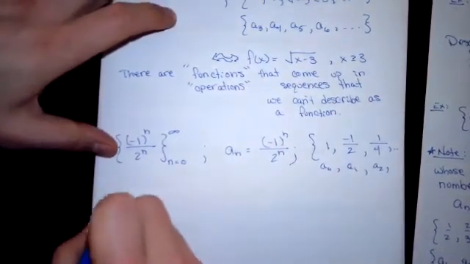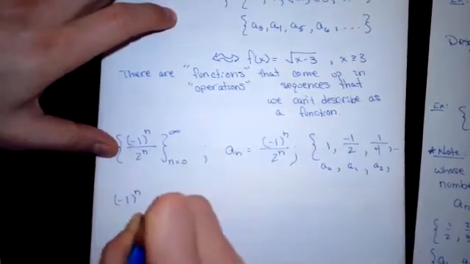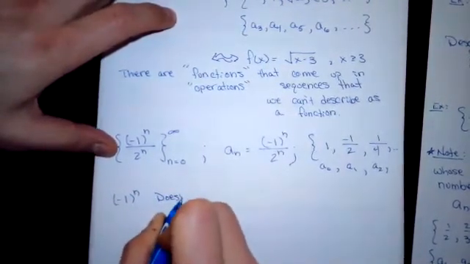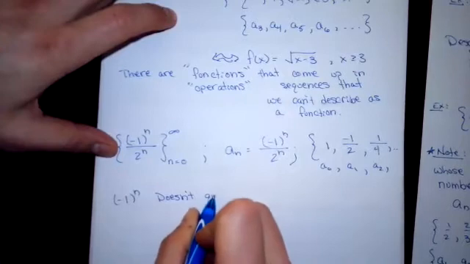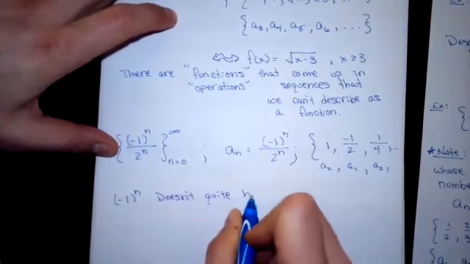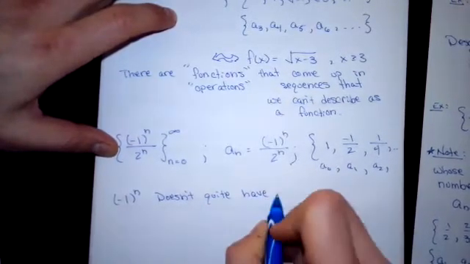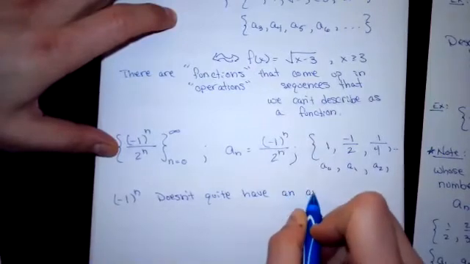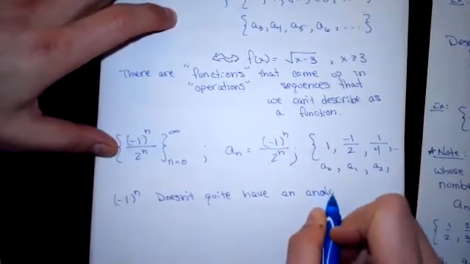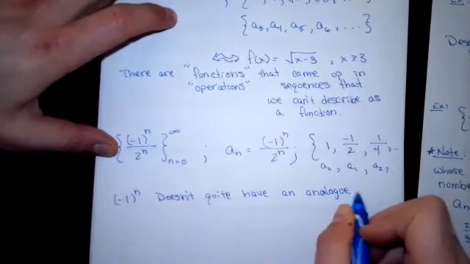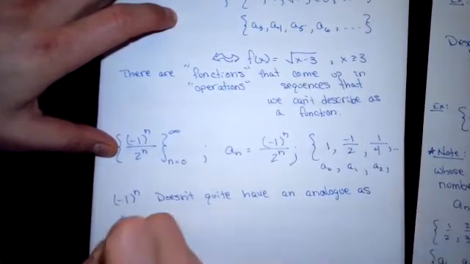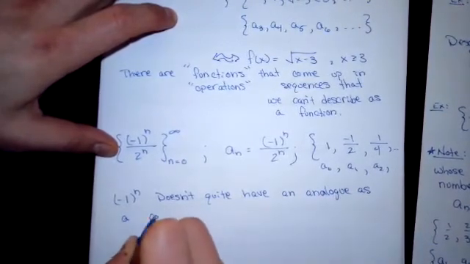Negative 1 to the n doesn't quite have an analog as a continuous function.